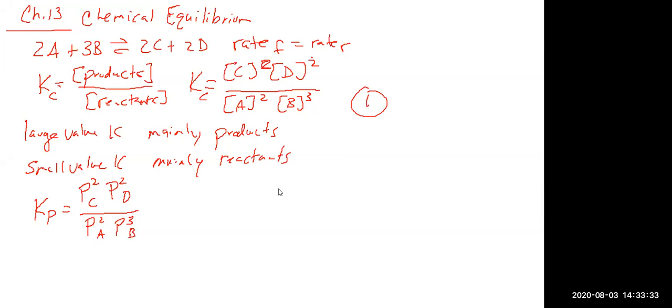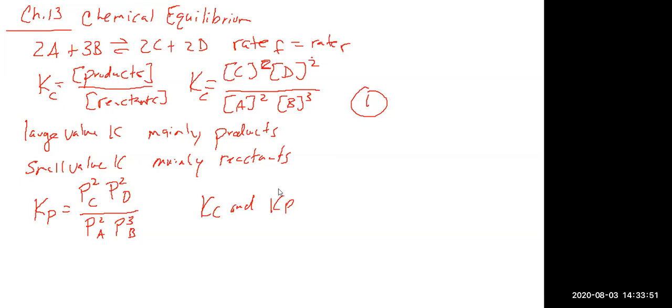Now, as we talked about, Kc and Kp do not necessarily equal each other, but they do give us really sort of the same information in terms of when we reach equilibrium, what we would expect to be their products or reactants.